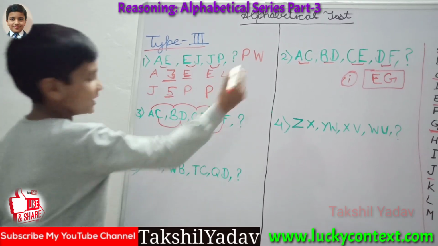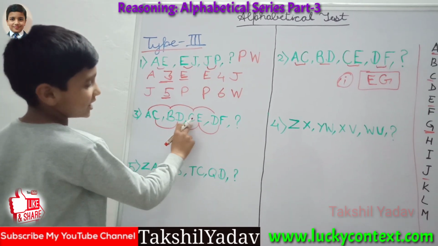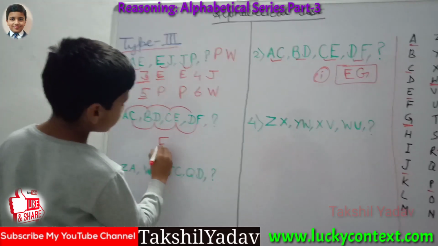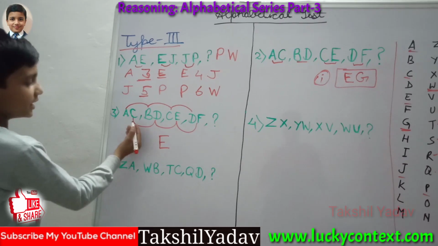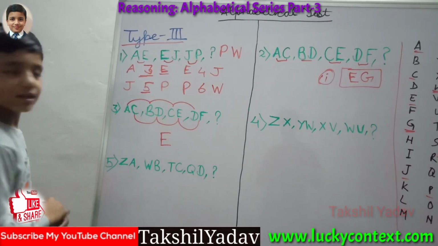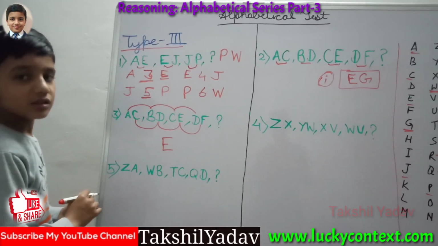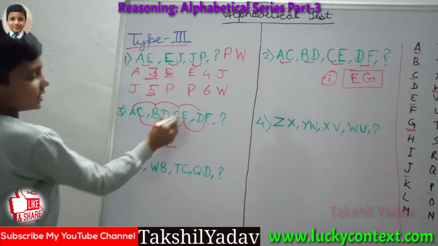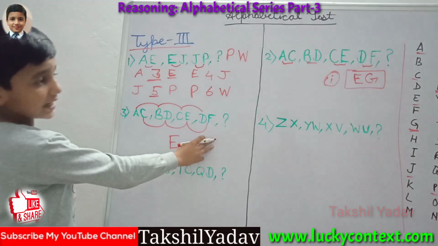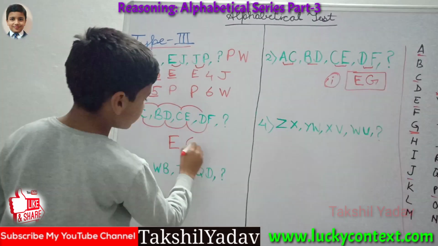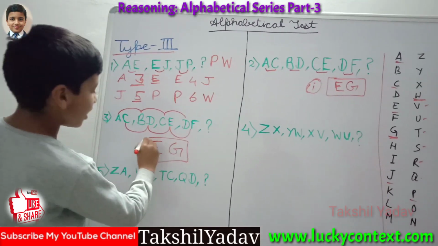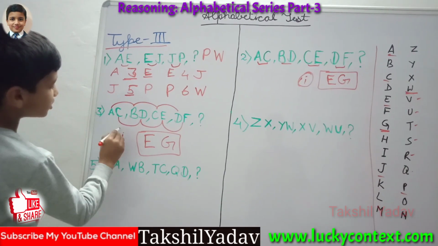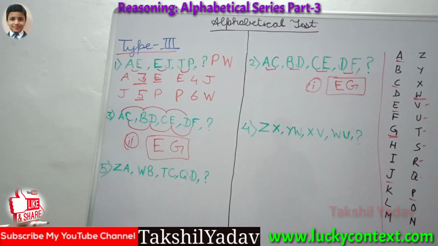So A, then next letter B, then next letter C, then D. So our answer will start with E. And then in the second letters, they are also increasing by 1. So here we have C, D, E and F. So our next letter will be G. So again we have our answer as EG. So we can solve the same question by many methods.